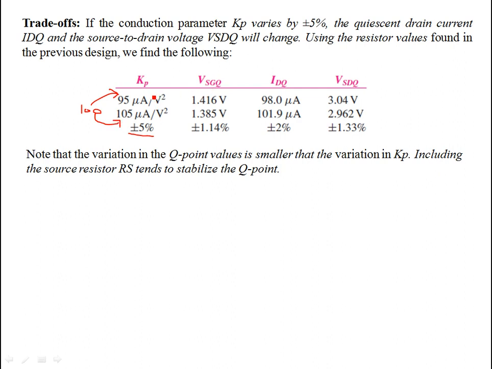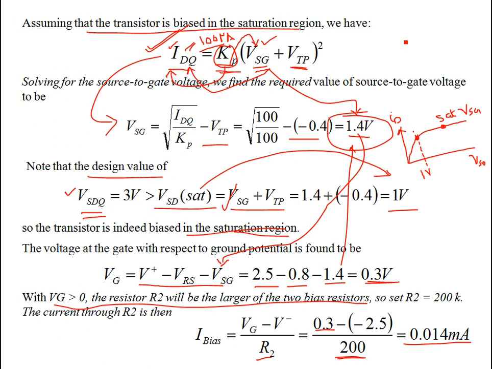This gives you a VSGQ variation of 1.416 to 1.385, and if you recall, the VSGQ was about 1.4, which we evaluated for the given IDQ of 100 microamps.